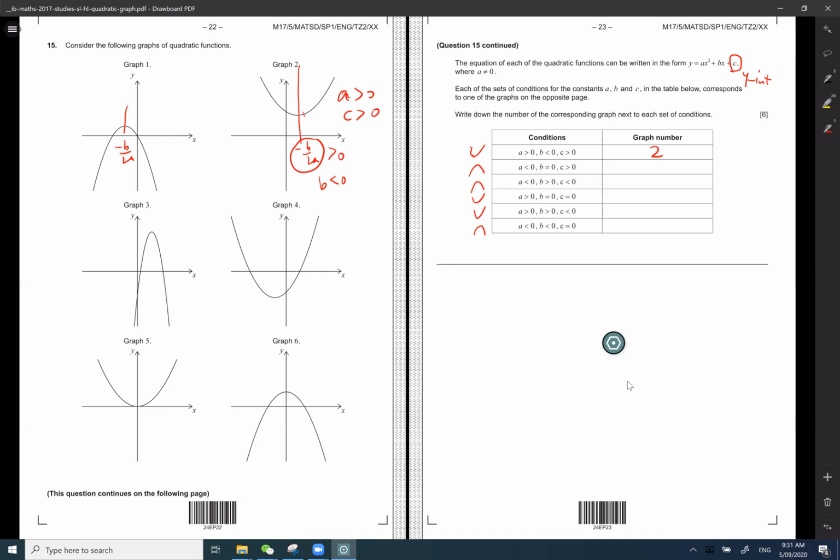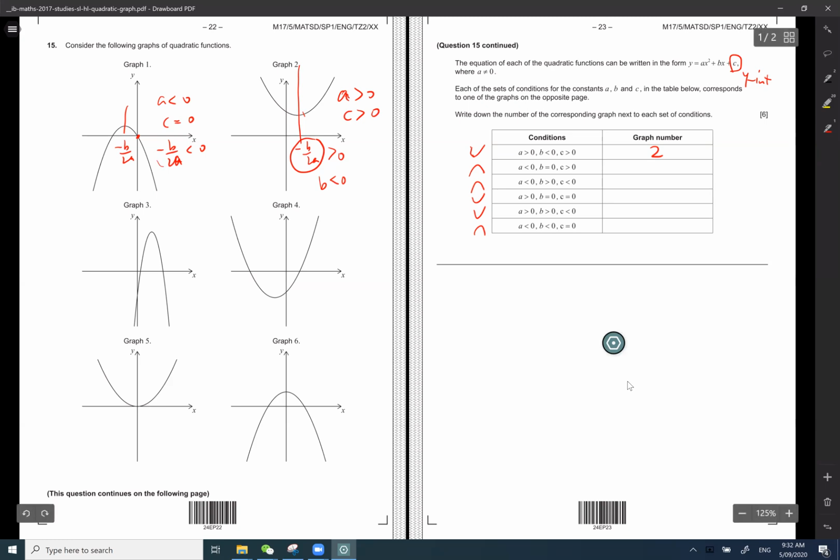Okay? And this one, a less than 0, c equals 0, because of the y-intercept. And negative b over 2a less than 0, but the denominator is less than 0, a less than 0.